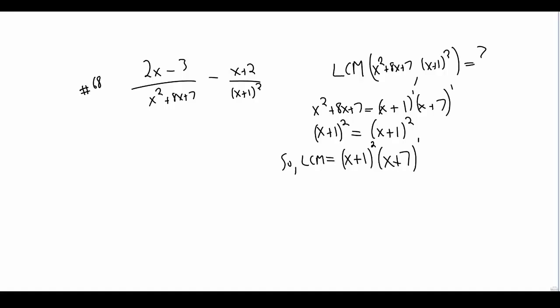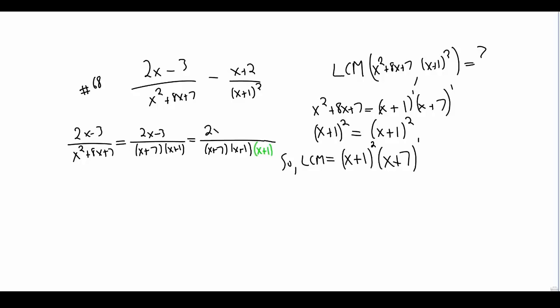So now we need to write this rational expression with the least common denominator. To get to the LCM, we need to multiply the denominator by x plus 1. So we multiply the top by the same.